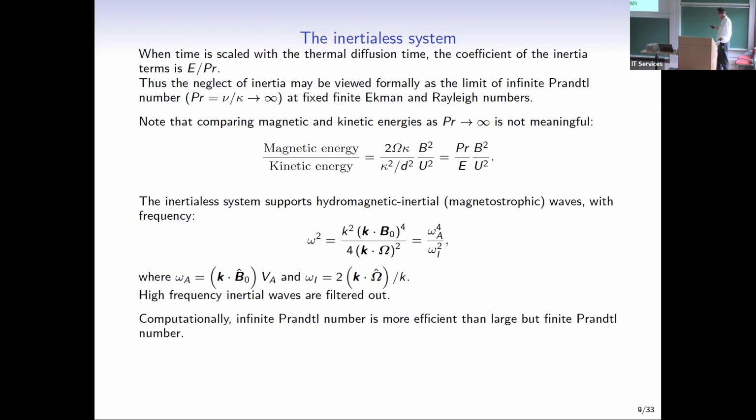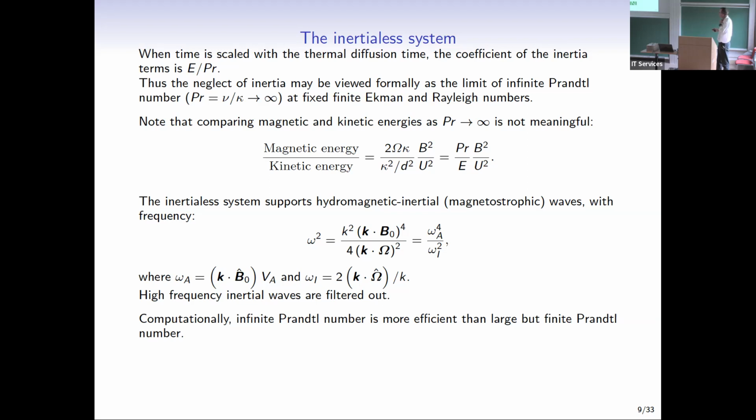Okay, and what's left? What have we thrown away? Well, if you look at this just in terms of waves, for example, on a uniform magnetic field, these are the only waves that are supported. Okay, so there are these interesting hybrid waves, which involve both the Alfvén frequency and the inertial frequency.